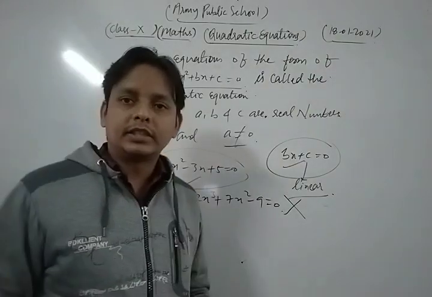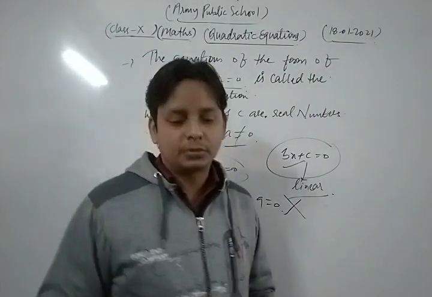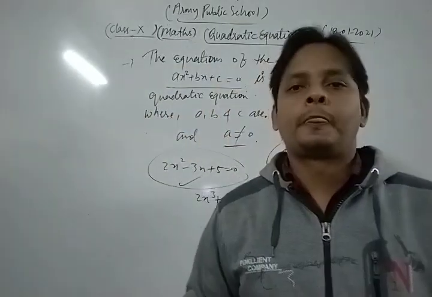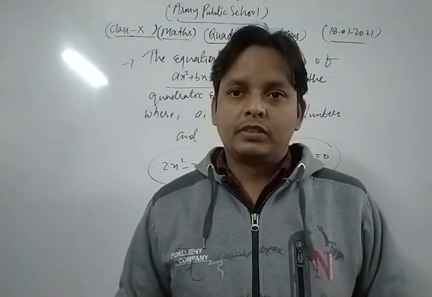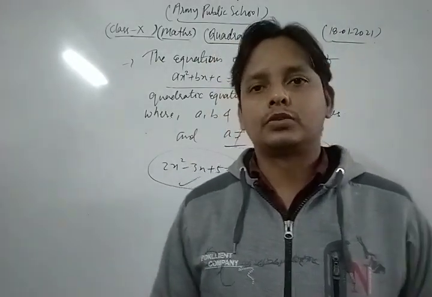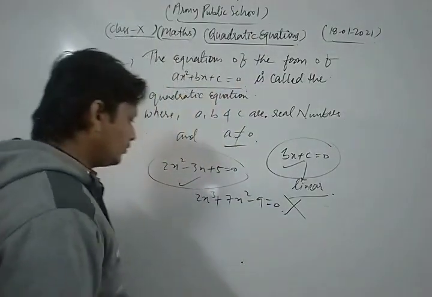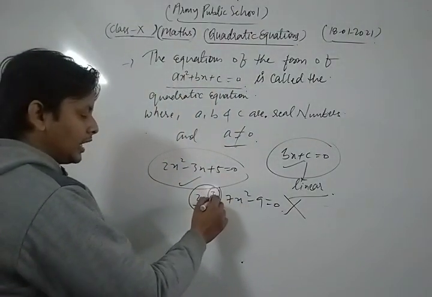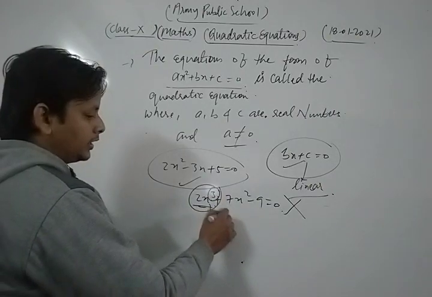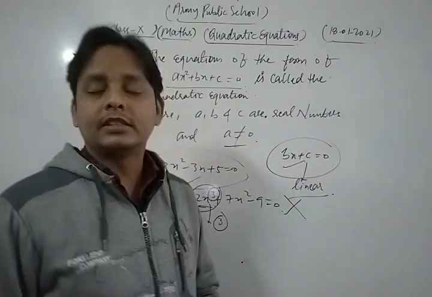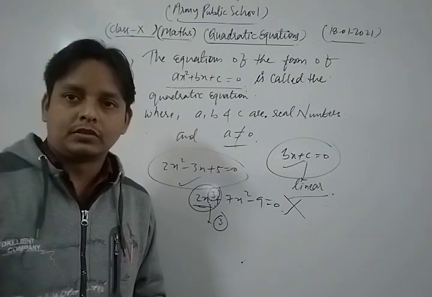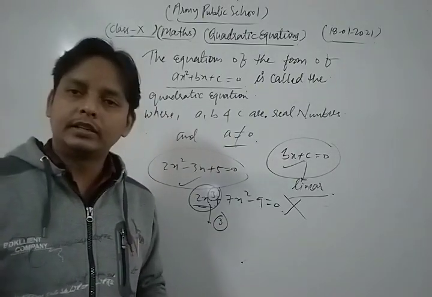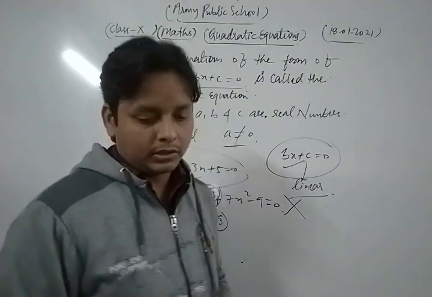For a quadratic equation, the highest power of the variable x is 2, so it is said to be quadratic. This one is not quadratic, it is cubic, because the highest power of the variable x is 3. So now the concept of quadratic equations is clear.